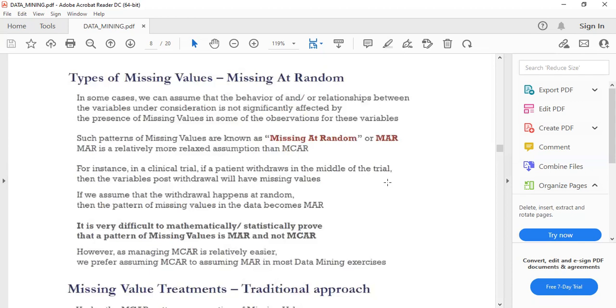If we assume that the withdrawal happens at random within a particular group, suppose two types of treatments are going on, treatment A and treatment B, but within that group, whatever withdrawal of patients takes place is at random, then the pattern of missing values in the data becomes missing at random, that is MAR.